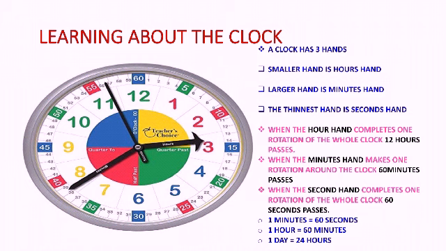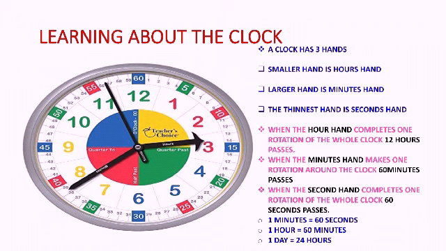Now, there are certain things that you need to remember. 1 minute is equal to 60 seconds. That is, if the second hand completes one rotation, 1 minute has passed. If the minute hand completes one circle of the clock, 60 minutes pass, that is 1 hour.